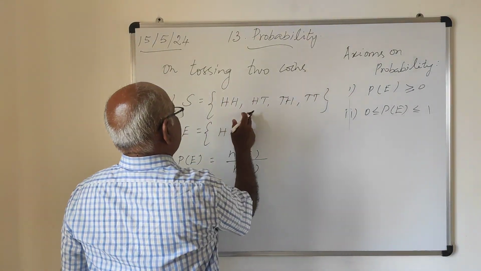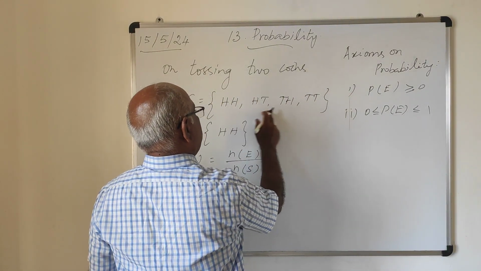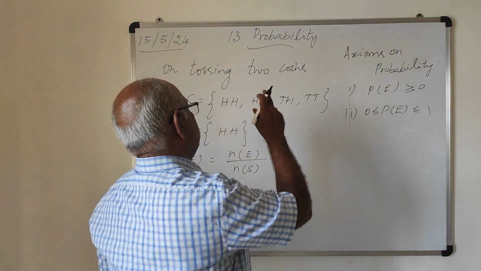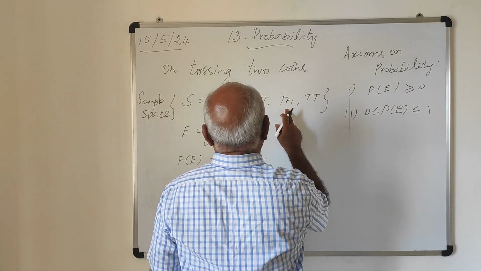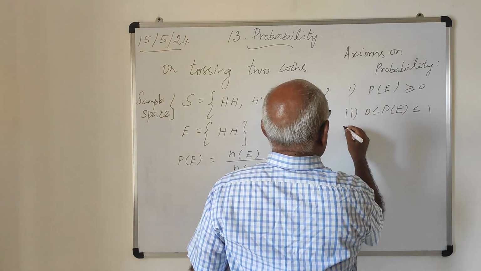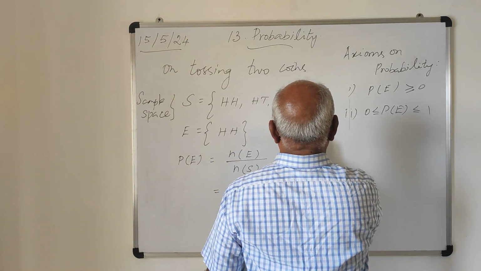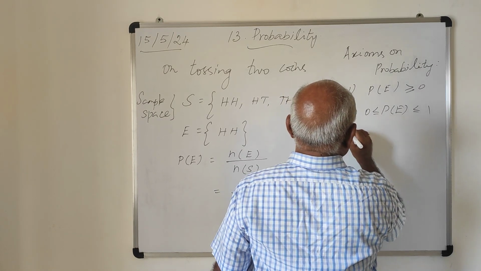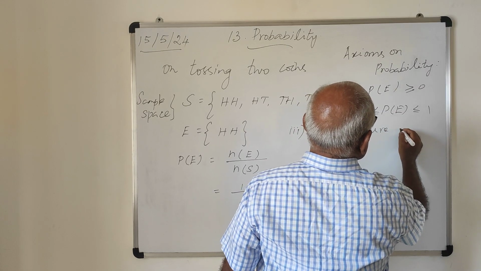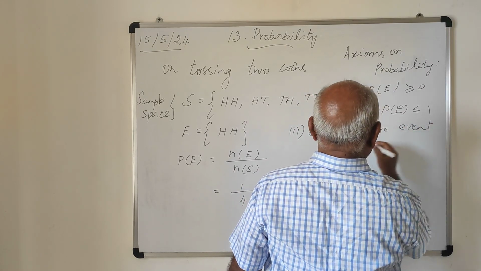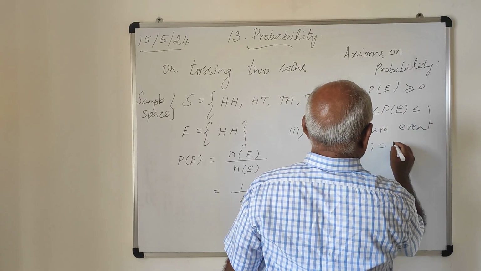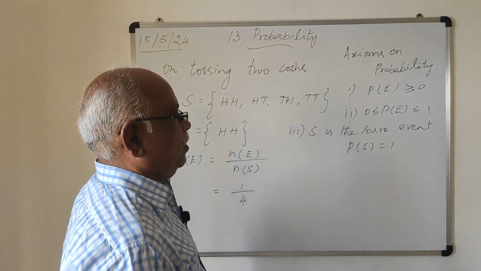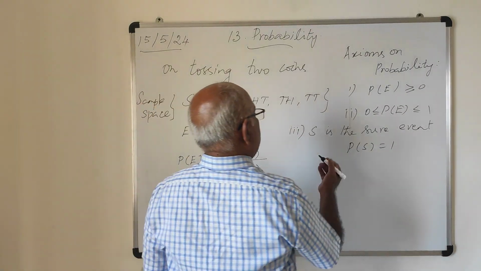And the set of all outcomes, S, is called the sure event. All the outcomes in the sample space constitute the sure event. So the probability of the sure event is 1. The probability of all outcomes in the sample space, P of S, is 1.